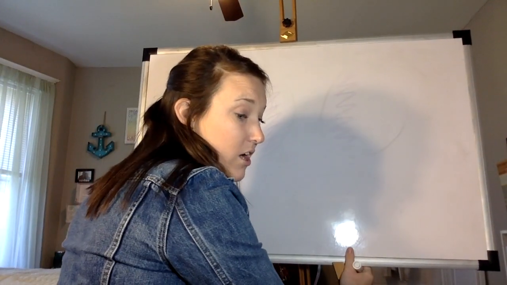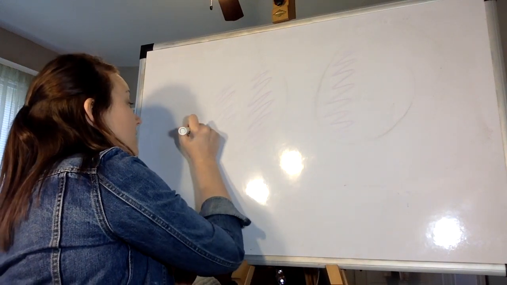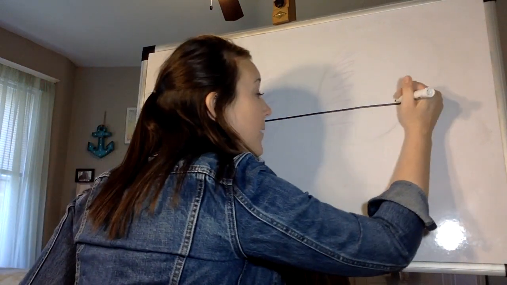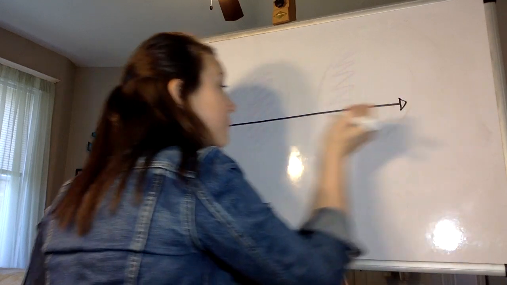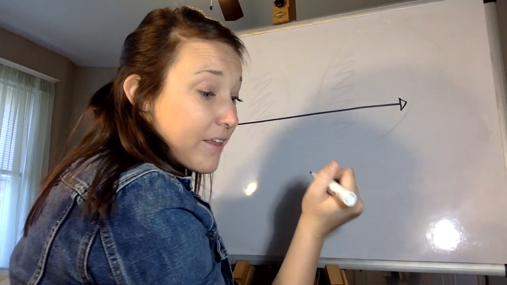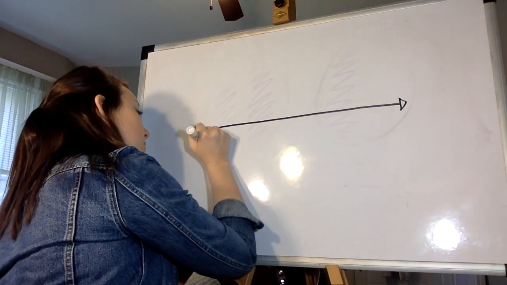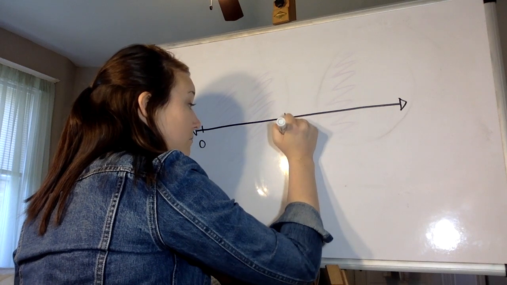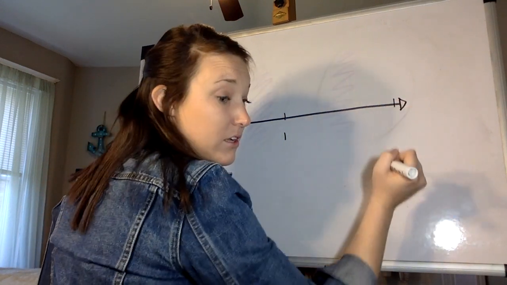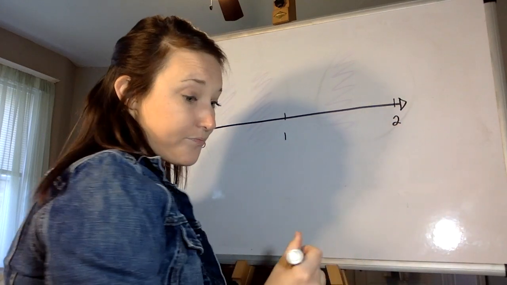Okay, so I'm going to draw my number line to look as much like theirs as possible, and then we will go through each step. All right, so this is awesome. It already breaks everything into fourths for you, but I am going to draw my 0 tick, my 1 tick, and my 2 tick, okay?